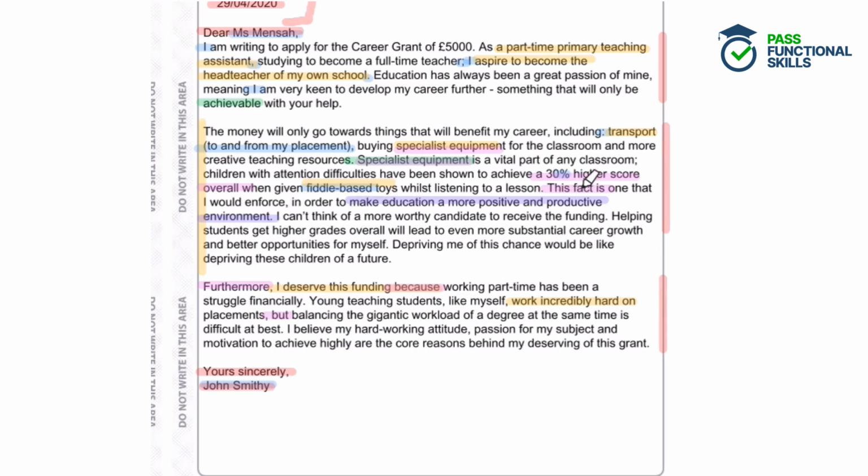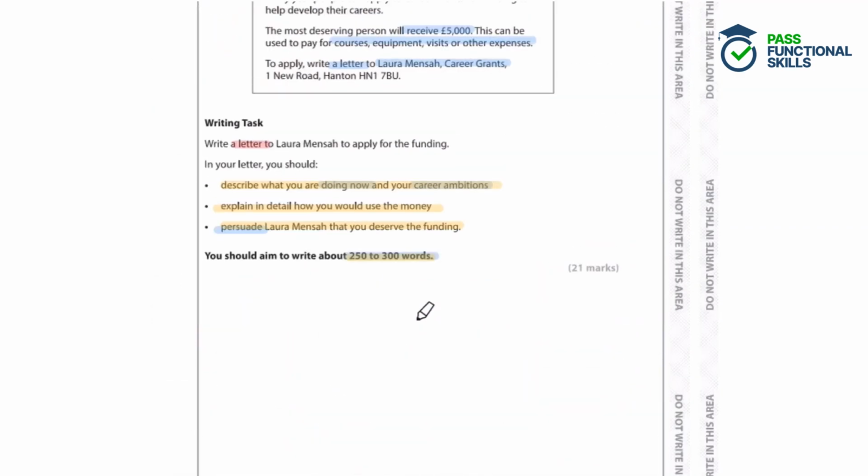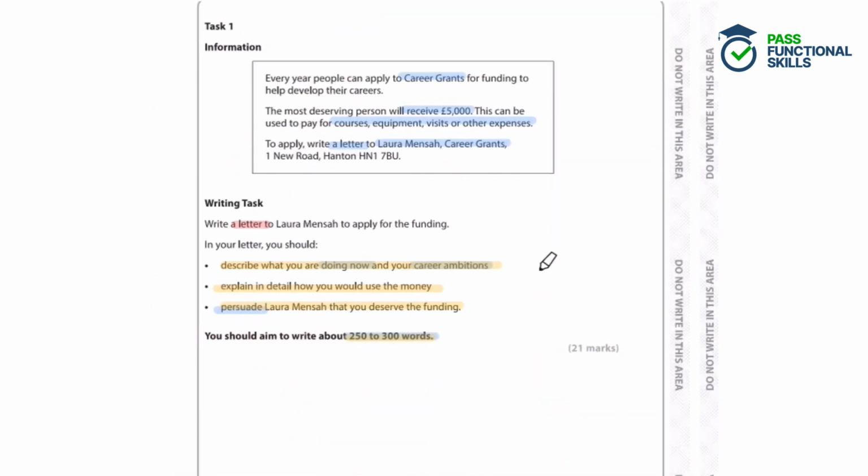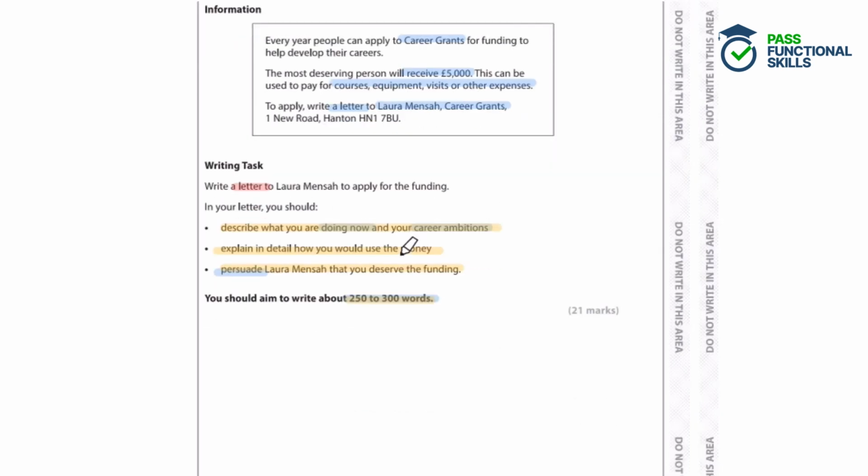That's a particularly sophisticated phrase, it's very formal, and the answer doesn't include any slang words or any contractions. So no uses of words like can't or won't. They would use cannot or will not instead, which is much more formal. So remember that whenever you're writing for a professional audience, someone that you don't know, for example, you definitely want to be using formal language throughout.